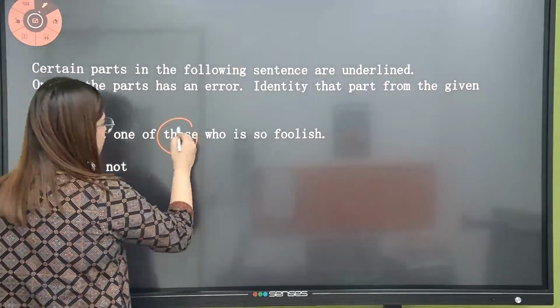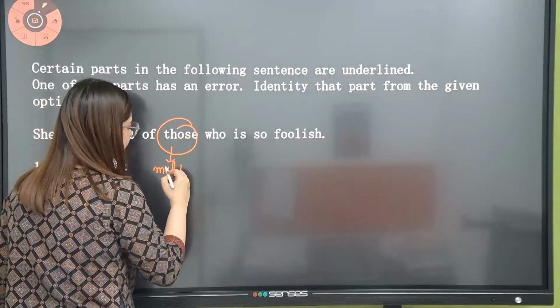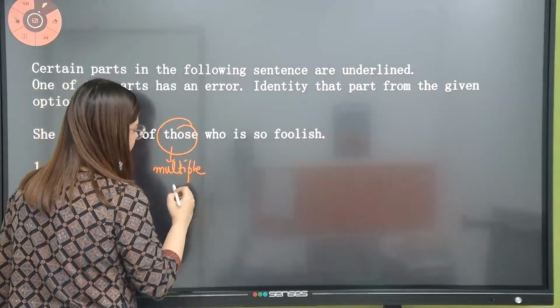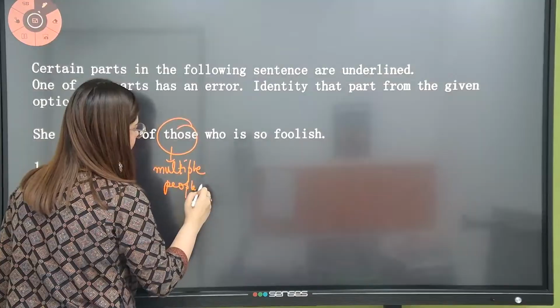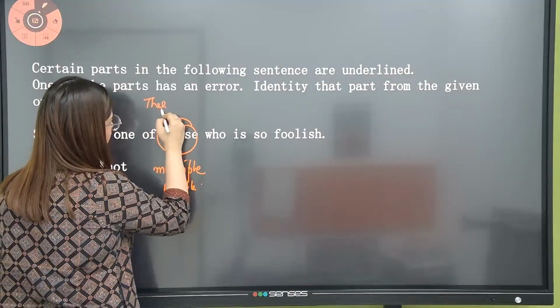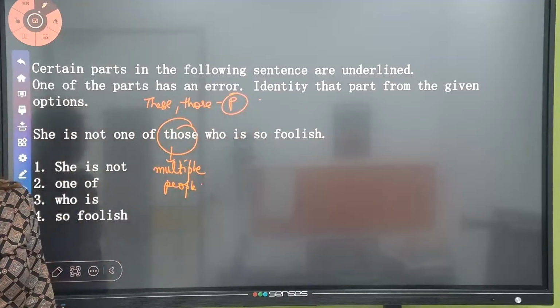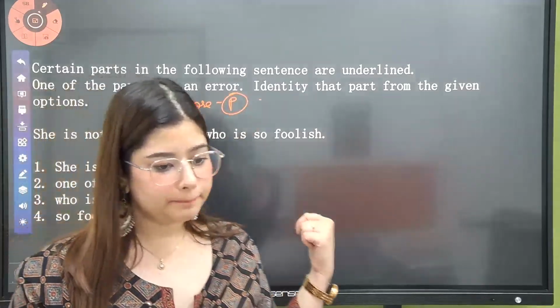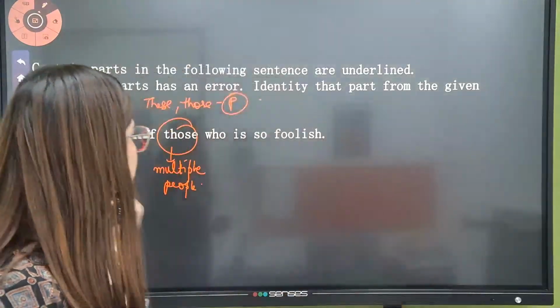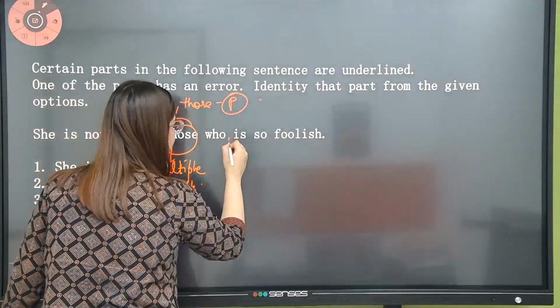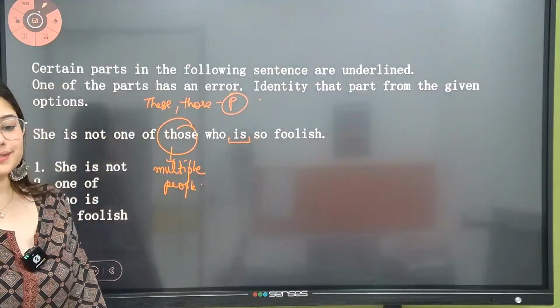One of those, we are talking about multiple people here. These, those, plural. So my verb should not be a singular verb.